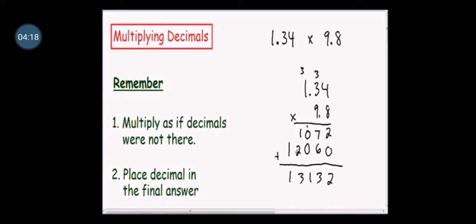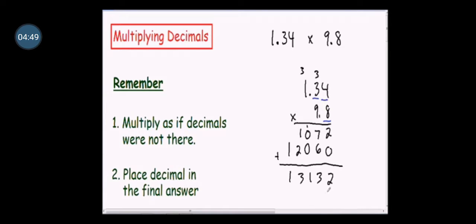Now we have to count the decimal places because in the product we have to place the decimal point. In 1.34 we can see that there are 2 decimal places. 3 is 1 decimal place and 4 is 2 decimal places. And in the second number we have only 1 decimal place, that is 8. So there are in total 3 decimal places.